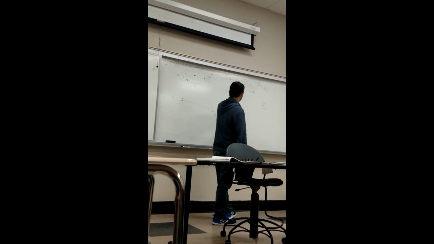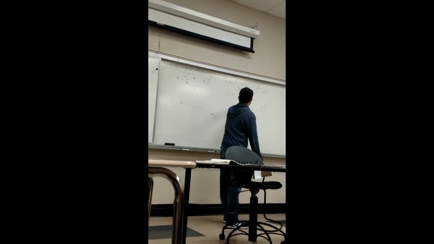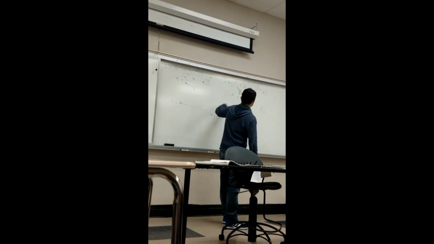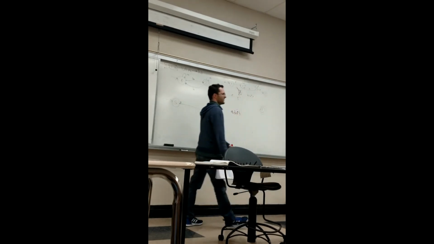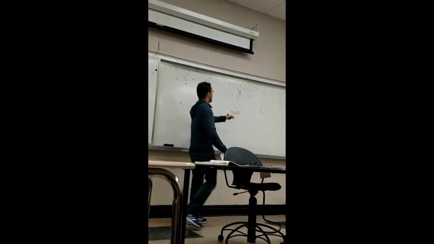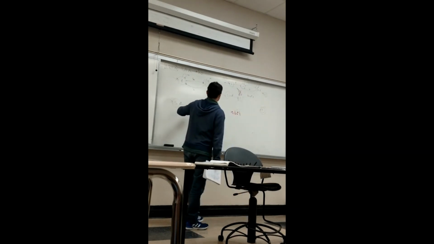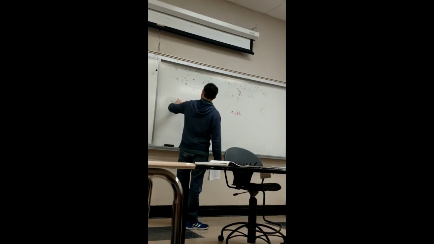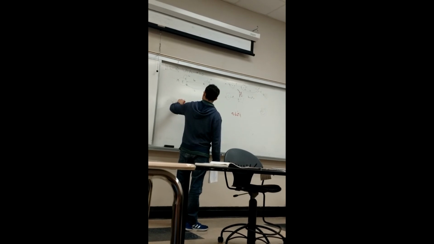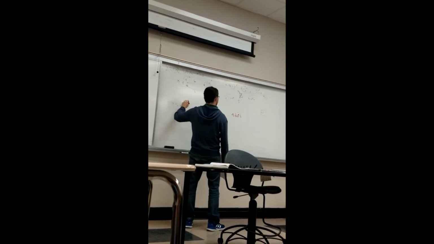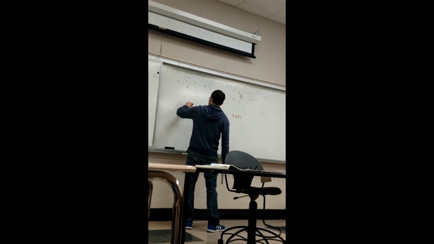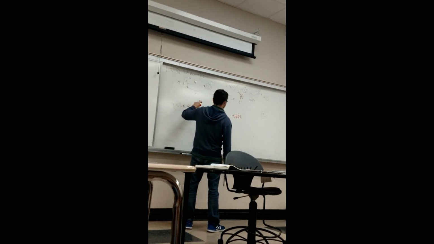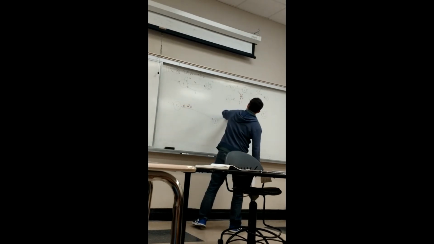Well, it's either any of these as many times as possible, and then it has to have this one again, right? So A, yes. Oh no, it's not a star here.